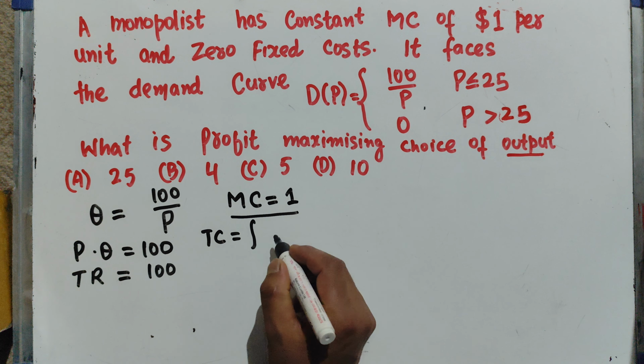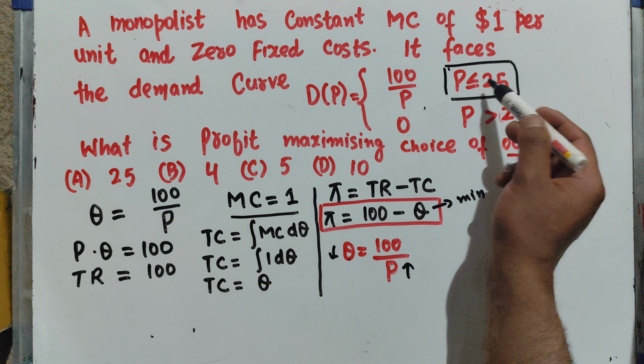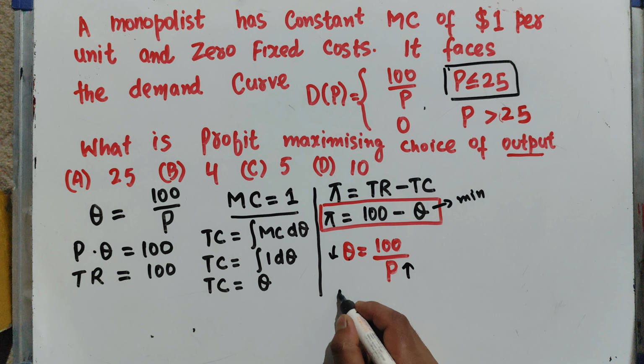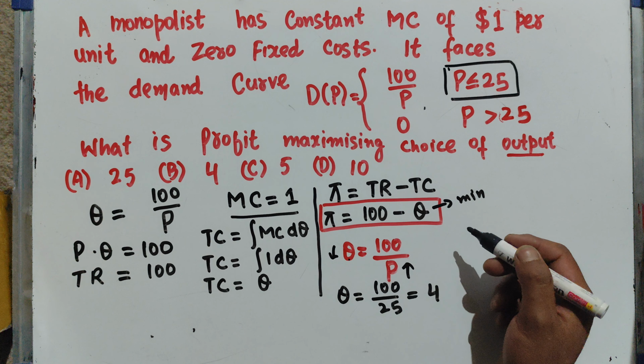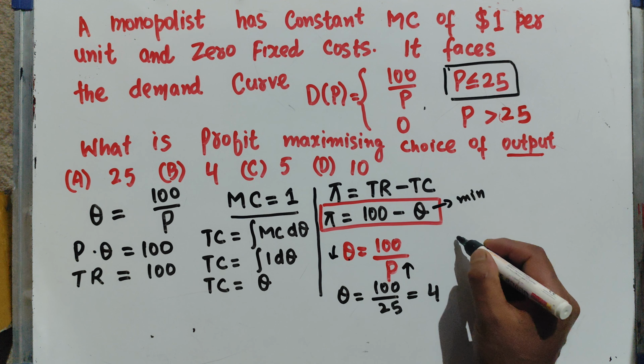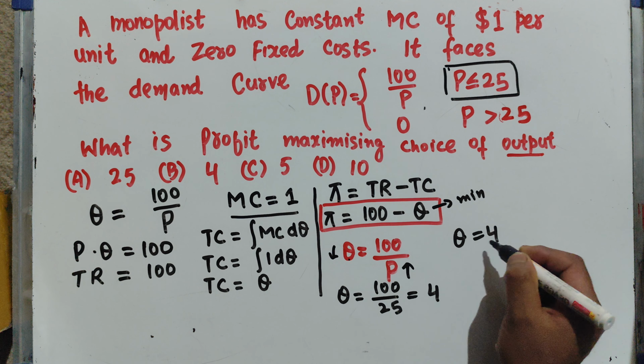So what is the maximum price that this monopolist can charge? It's given to us here. P is less than or equal to 25. So maximum price will be equal to 25. So quantity will be minimum when we have the highest price, which is 25, which will give us 4 as the profit maximizing quantity. So Q should be equal to 4.